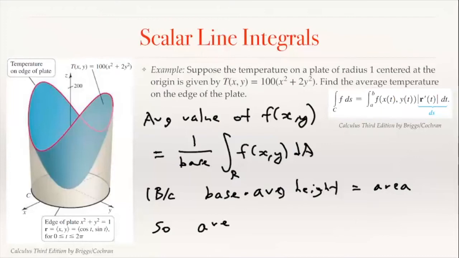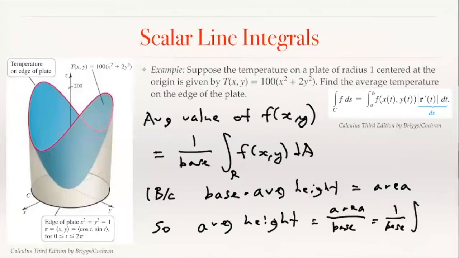So the average height is the area over the base, i.e. 1 over the base times the integral of the function. So what we're going to do is take the line integral over this circumference. That's going to be this integral, getting the total area, and then we'll divide that by 2 pi, which is the length of the base, and that will give us our average height, which is our average temperature along the rim.